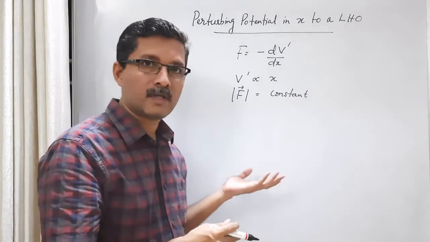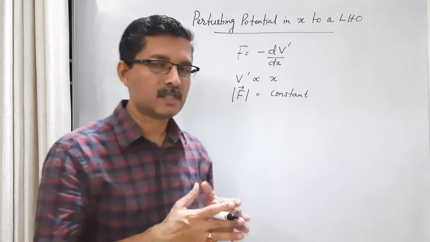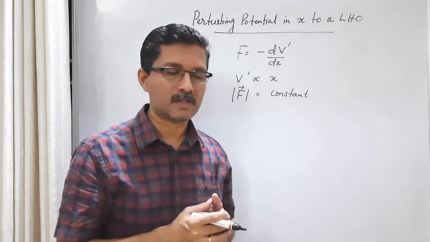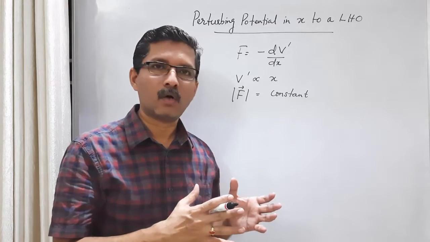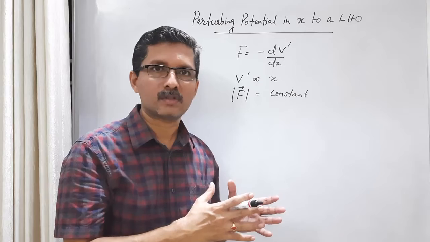This constant force can be anything, any force. You can think about a charged particle undergoing linear harmonic oscillations, and we are applying a constant electric field. Then it will produce a constant force.